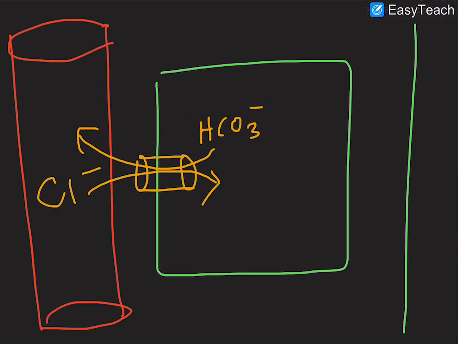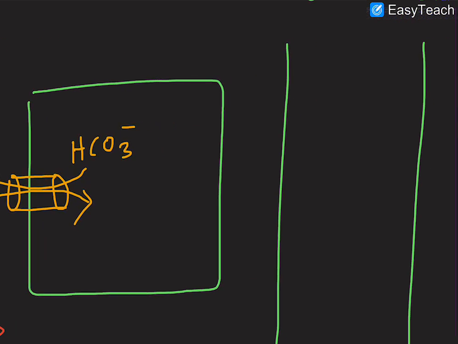But what else happens? On the other side, we have another channel that's highly important. So we have one channel that's a proton ATPase, a hydrogen proton ATPase. What this channel does is it takes hydrogen protons and pumps them into your urine, and it does this via the help of ATP.